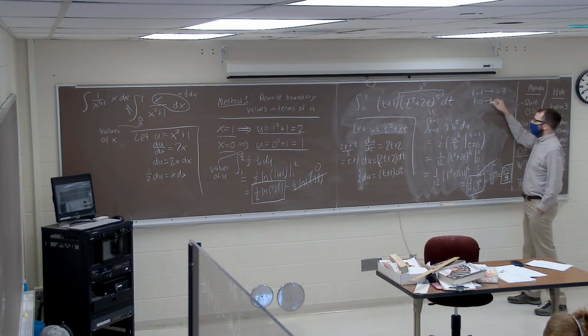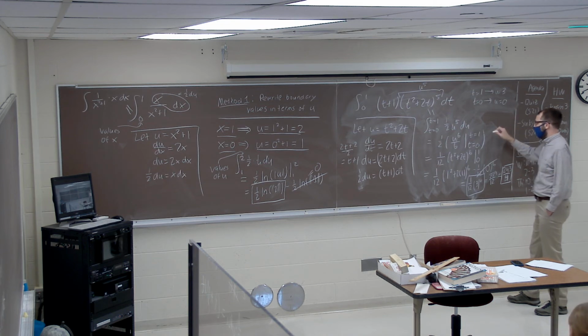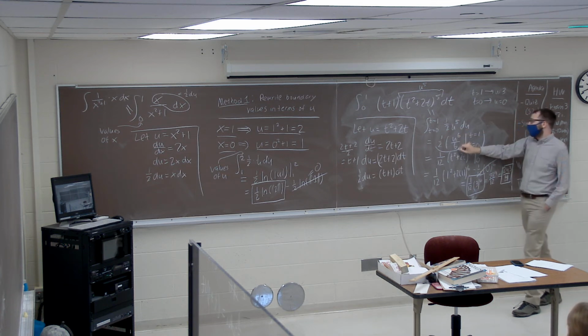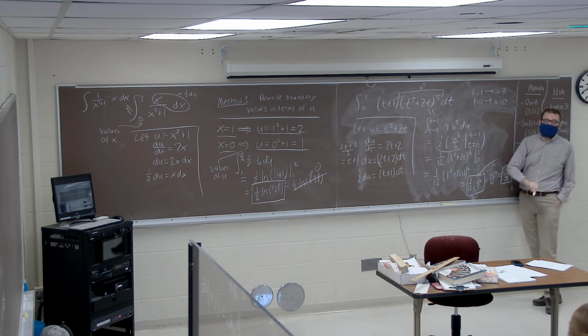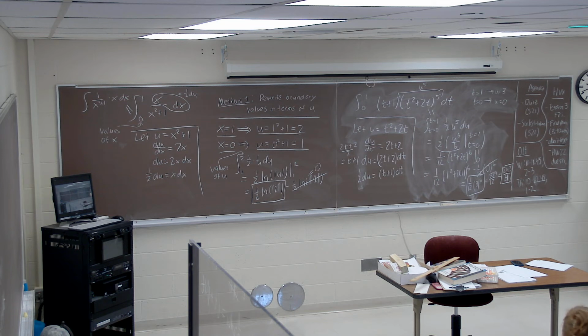T equals 0 becomes 0 squared plus 2 times 0, which is still 0. And then at this step, you could have just plugged in 3 and 0 for u, and you would have gotten to the same answer in the end either way. Again, it doesn't matter which method you use. As long as you get to the correct answer, right answers are always right.